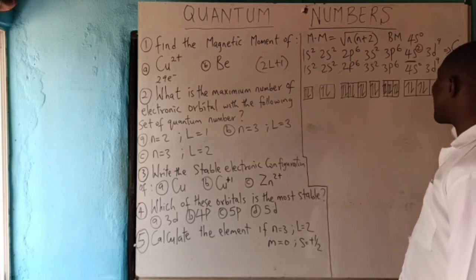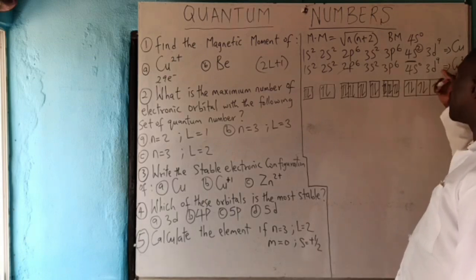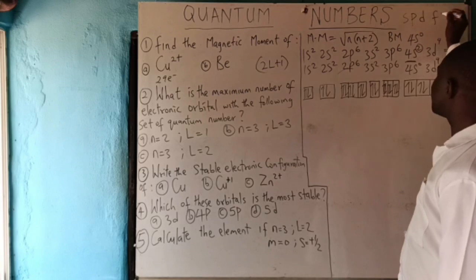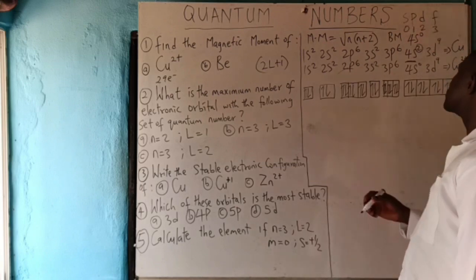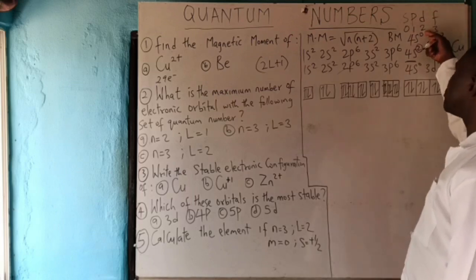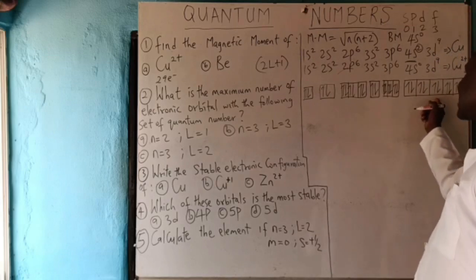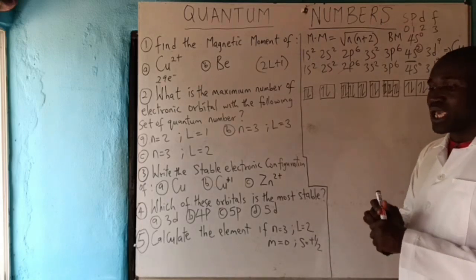It has only one electron. Remember how we noted that d has 5 orbitals. We said d from s, p, d, f: this is 0, 1, 2, 3. So d has l to be 2. 2 times 2, 4, plus 1, 5. That is how we noted it to be 5. So it has only one unpaired electron.